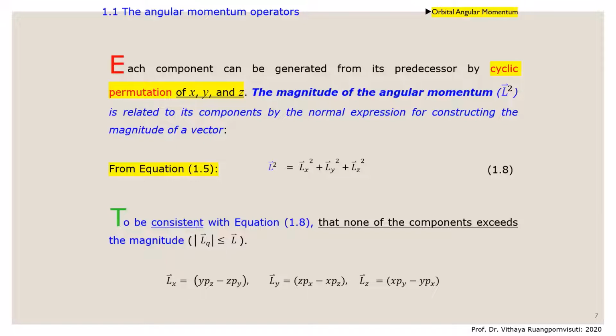Each component can be generated from its predecessor by cyclic permutation of the x, y, and z components.